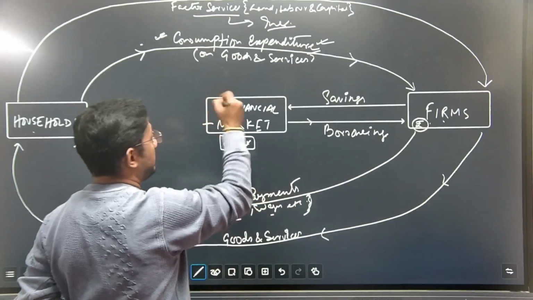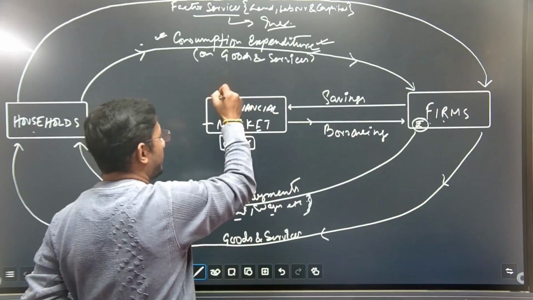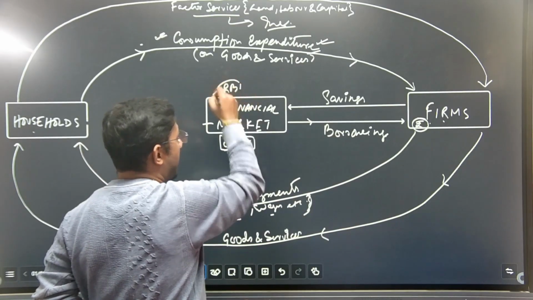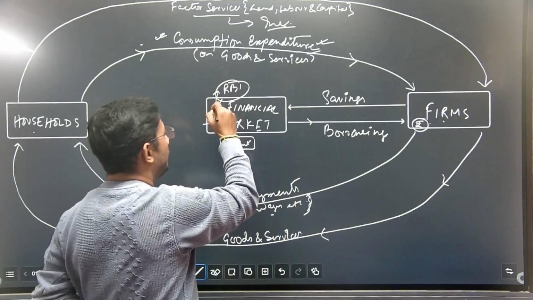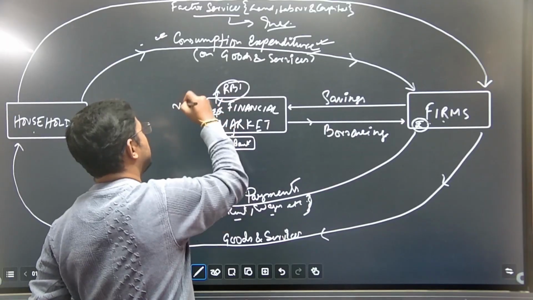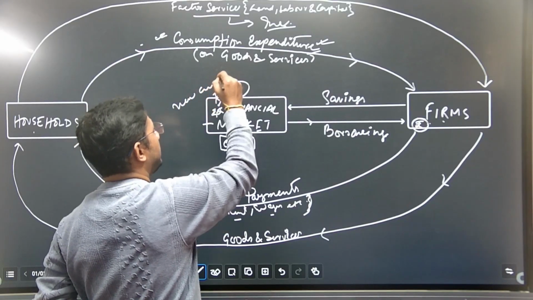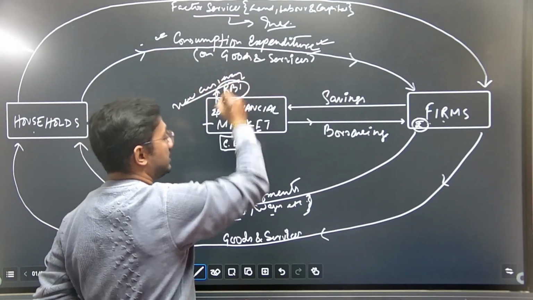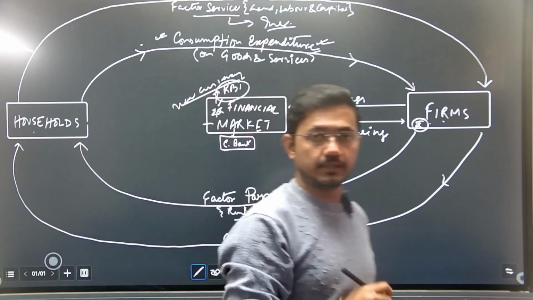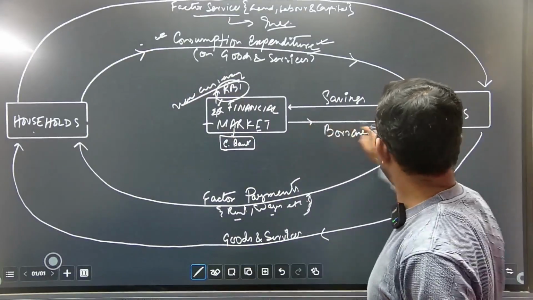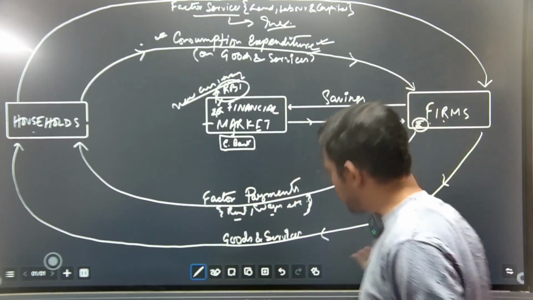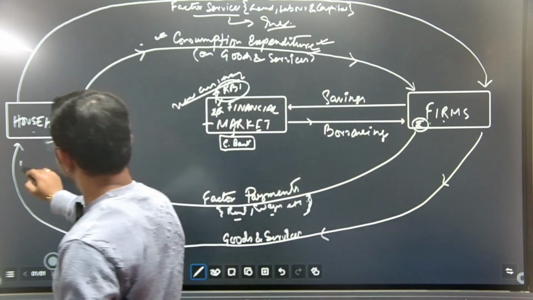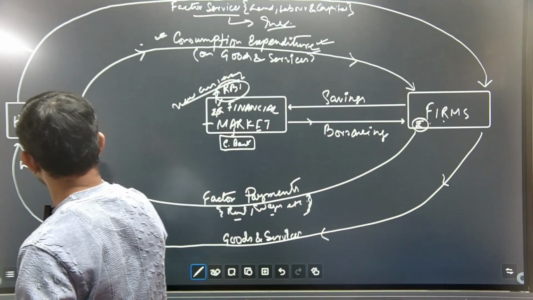So what will happen? A component of the financial market, say RBI, the Reserve Bank of India, has to print new currency. The government will order to print new currency. So new currency will be given to the firm, and the new currency will flow to the household. Now the household will get new currency.